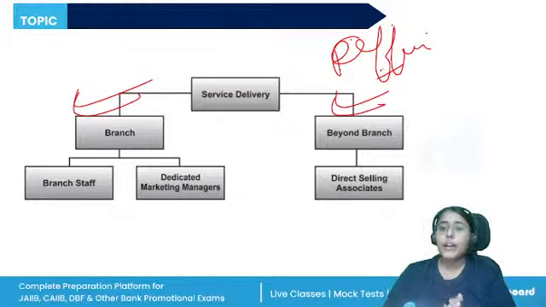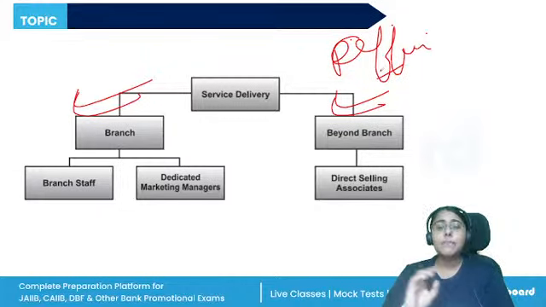They are appointed in the junior management and even in the middle management. They have the skills of market intelligence, potential sourcing, product and service delivery, sales conversion. These are present in the branch.